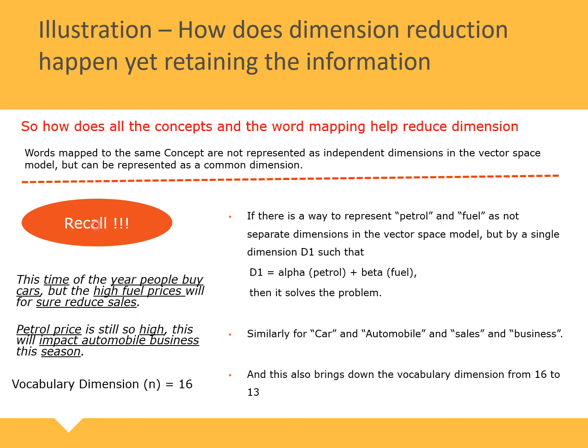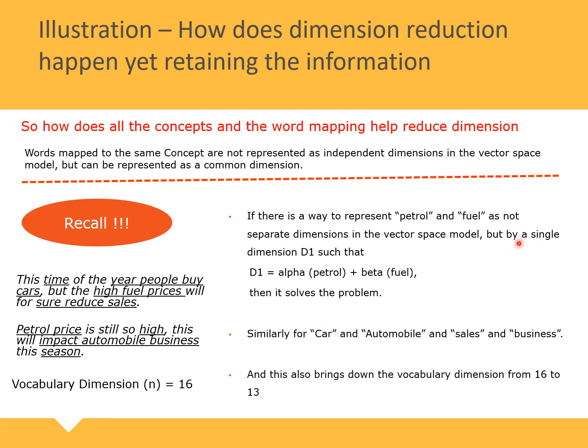If you recall the example we started off with in the beginning, the word co-occurrence structure of the data will tell us, in this example of fuel prices and car sales, that petrol and fuel generally co-occur together in a particular set of documents, and car and automobile co-occur together in a particular set of documents.